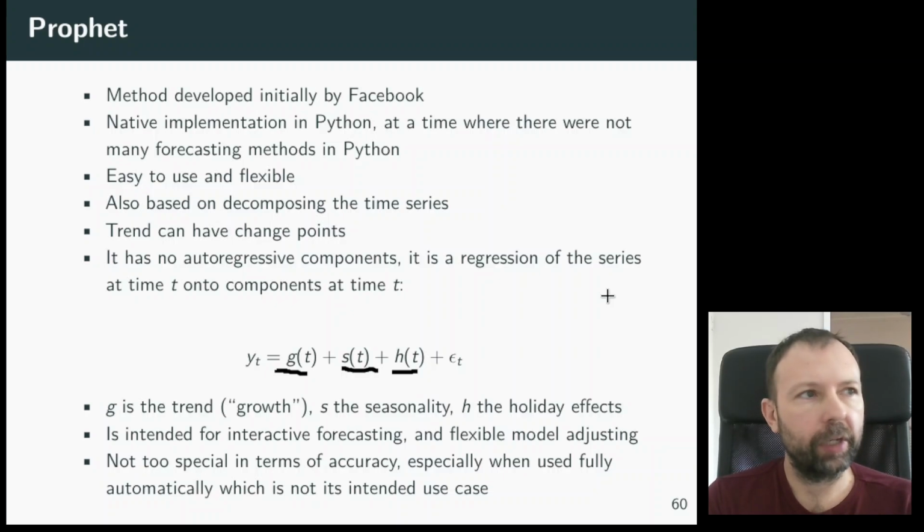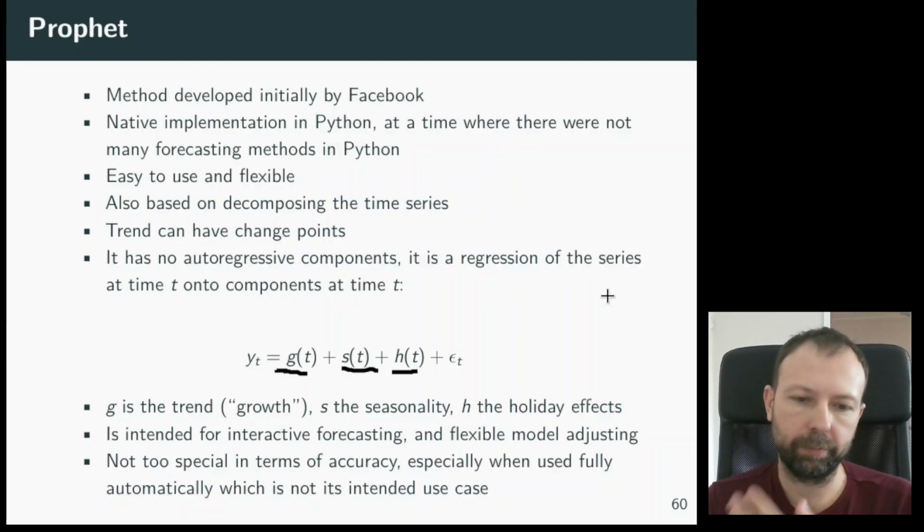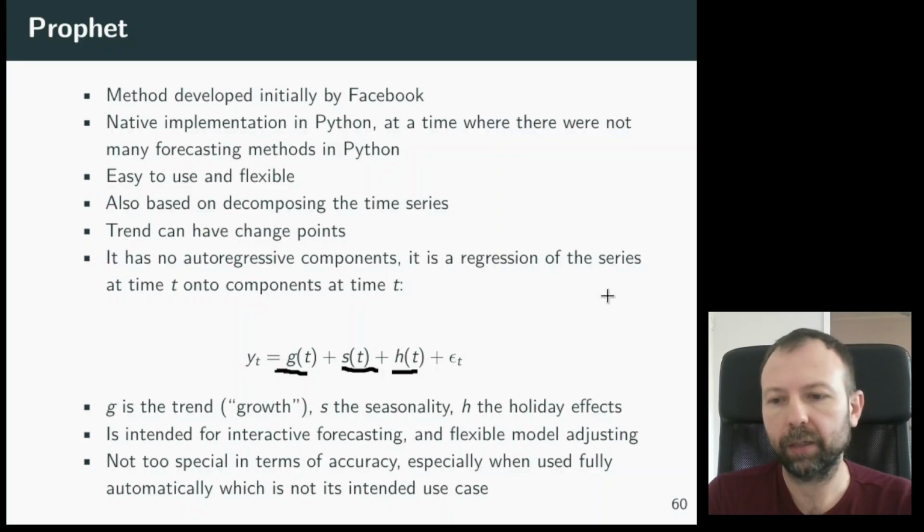But what I think is a very important point is that it is intended for interactive forecasting and flexible model adjusting. So the main idea of Prophet was that, okay, well, I have some business knowledge, like the higher ups have told me this is more or less what we expect, and now we need to incorporate that into our forecast.